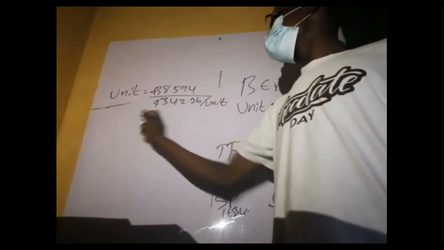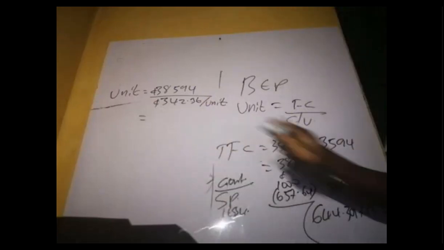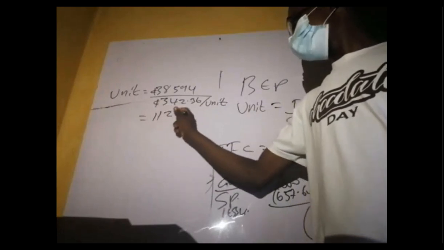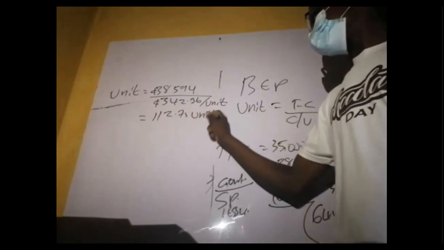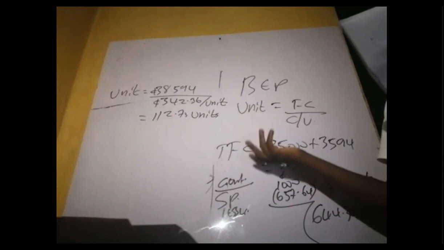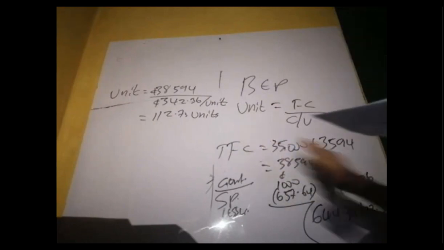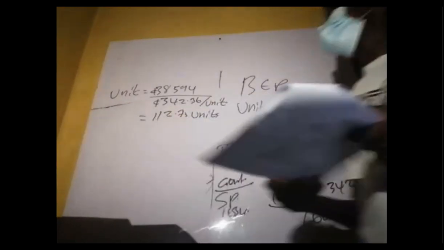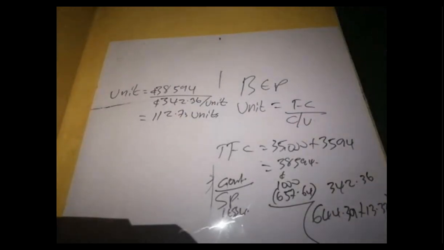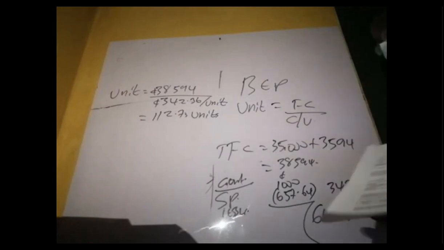So finally, we get something like 112.73 units, or service units, because they are in service. So public cars, or they will perform 112.73 services. So it could be saloon cars, as we stated here.